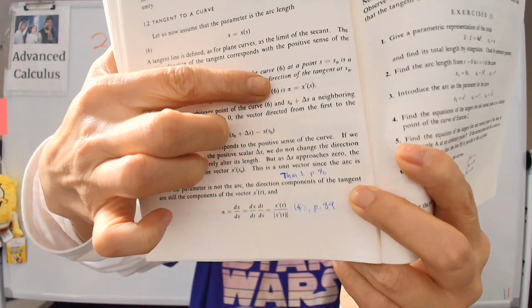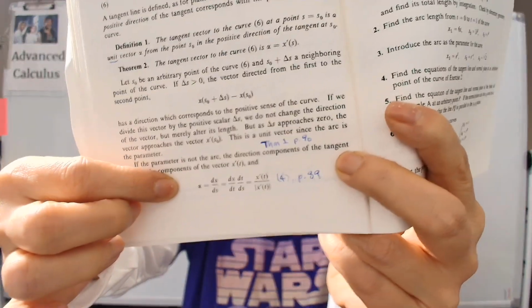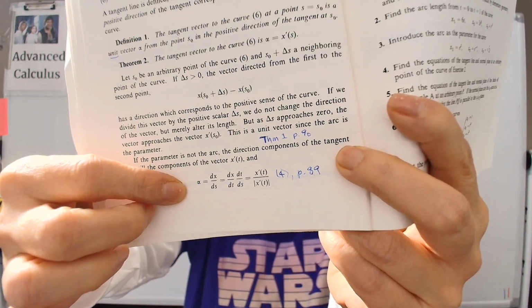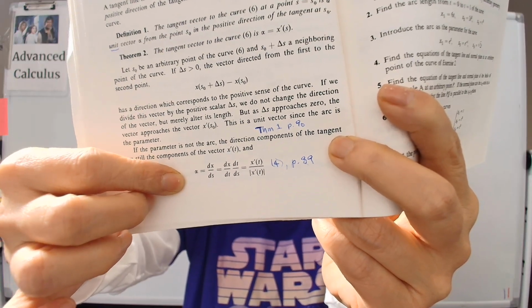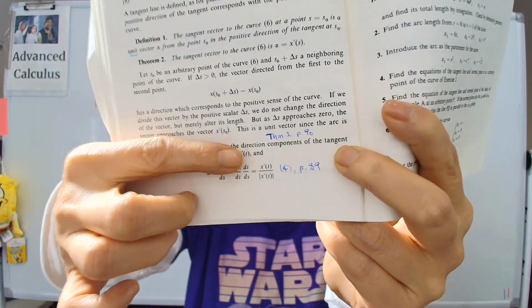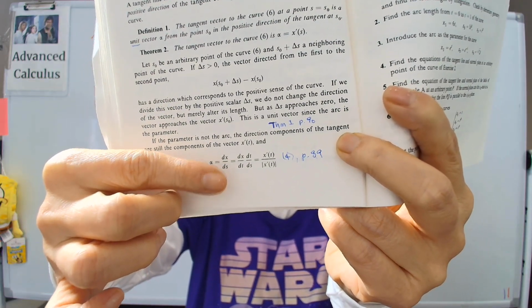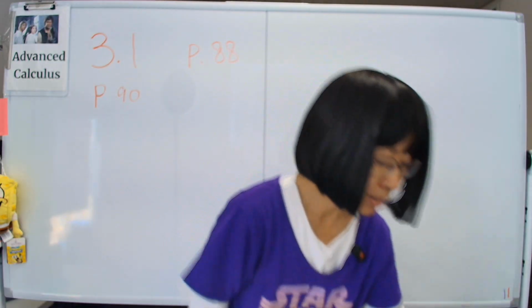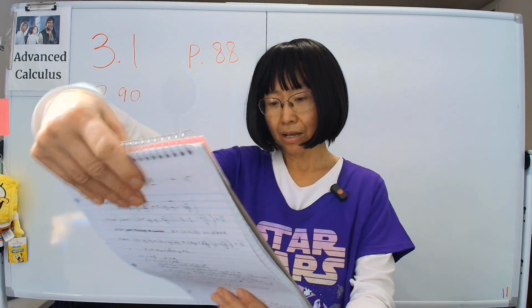Alpha is the derivative of x with respect to s. That ends up being equal to dx by dt times dt by ds, where dx by dt is x prime of t, whereas dt by ds is 1 over the magnitude of x prime of t. And that's from certain previous formulas that we have done earlier.